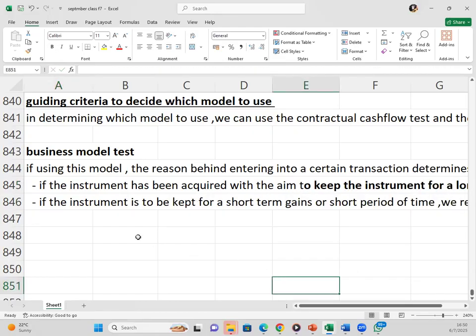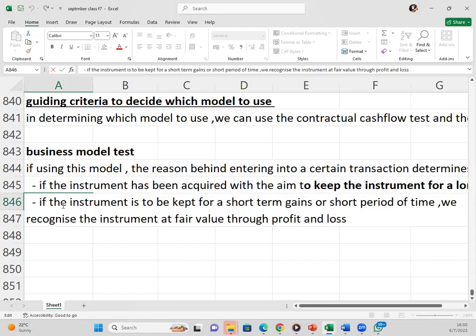But if the aim is to keep the instrument for a short term, then it's fair value through profit and loss.